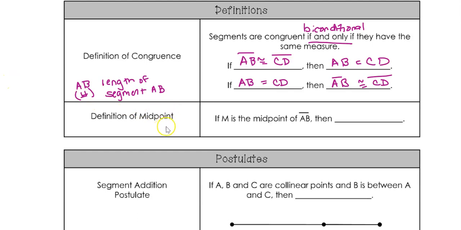We also have the definition of a midpoint, which tells us that if M is the midpoint of segment AB, then we know that segment AM is congruent to segment MB.